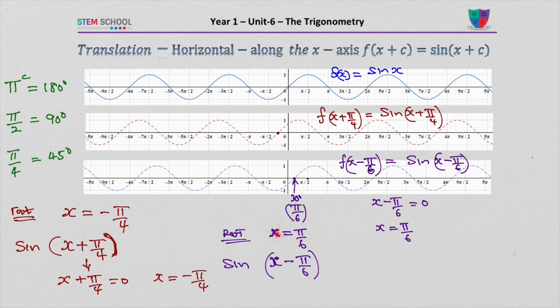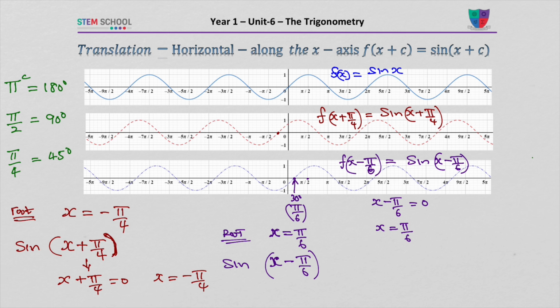So x equals pi over 6. That's a root. Turn it into a factor by taking away pi over 6 from both sides, and you get x minus pi over 6. That's the function. That's how it shifts from left to right. If it's positive, it's shifting to the left, and if it's negative, it shifts to the right. As you can see, this one is negative and shifted to the right, and this one is positive and shifted to the left.